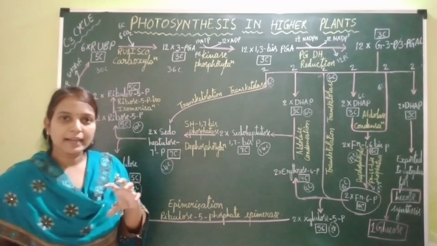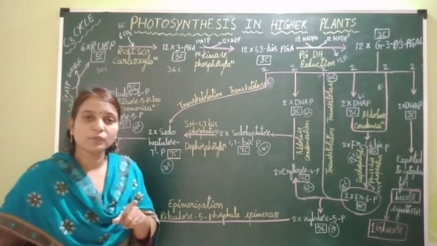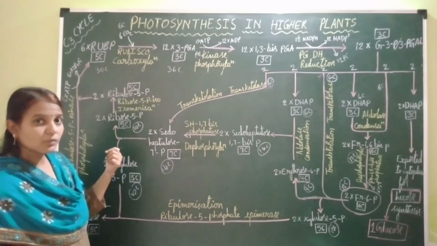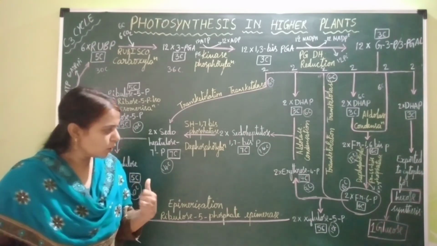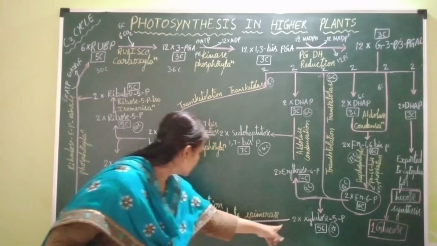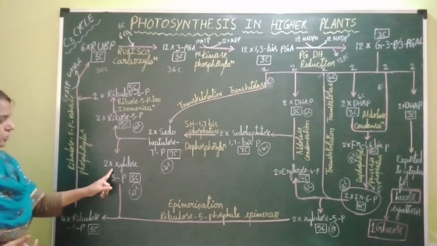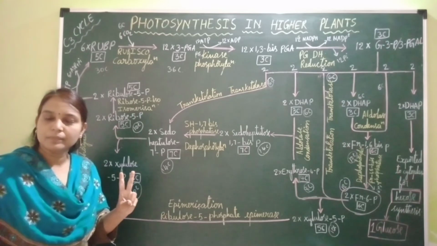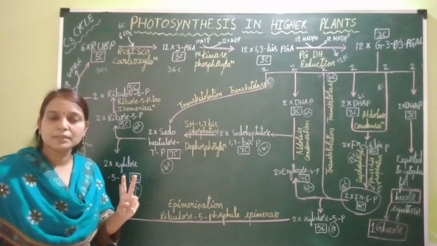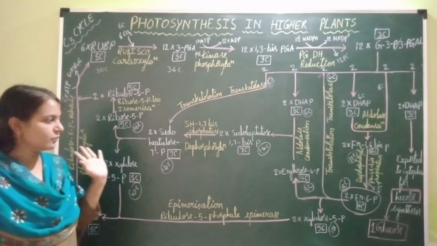And the 5 carbon intermediates are xylulose 5-phosphate, ribose 5-phosphate and ribulose 5-phosphate. How many molecules of xylulose 5-phosphate are formed? 4 molecules. Here 2 molecules and here 2 molecules. So 4 molecules of the 5 carbon intermediate are formed, that is xylulose 5-phosphate.